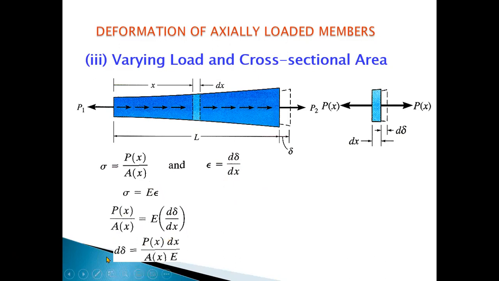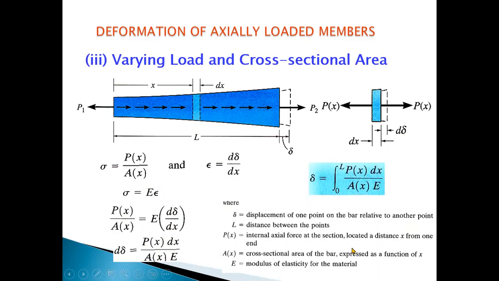The final version of the formula for the varying load and cross-sectional area will be integral of P x dx divided by A x E, because this is a variable load and cross section. And then we apply the limit from 0 to L, because initially the length will be 0 and it will apply till the length L. So this is a limit application and integration.